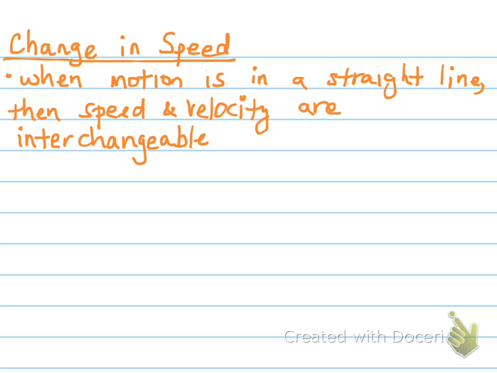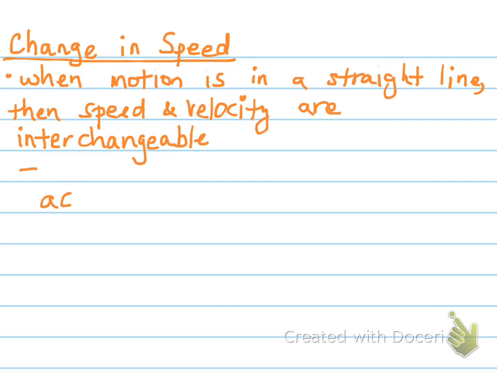Meaning, because you're in a straight line and your direction isn't changing, then remember speed and velocity become very similar, because the only difference between speed and velocity is speed is scalar, doesn't have a direction, and velocity does. So when our direction isn't changing, realistically speed and velocity are pretty much the same thing.